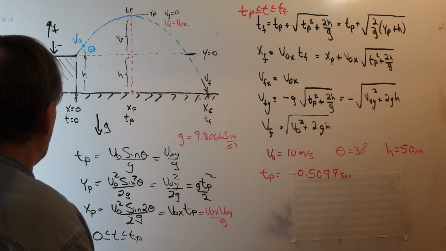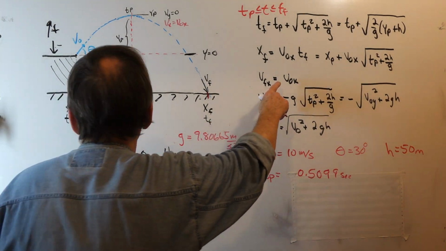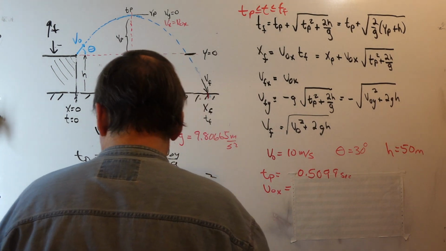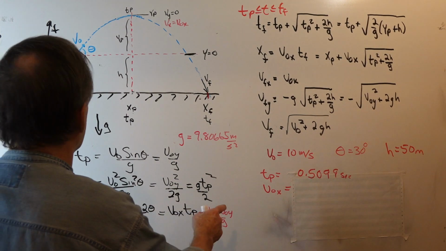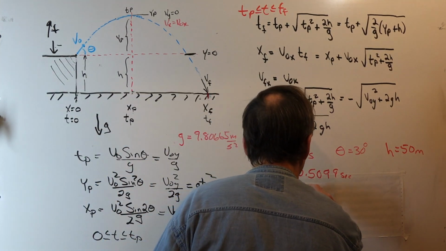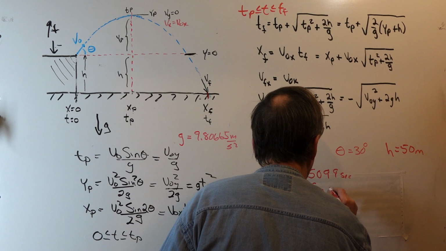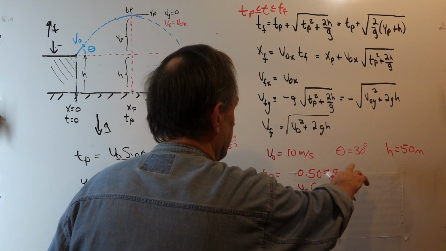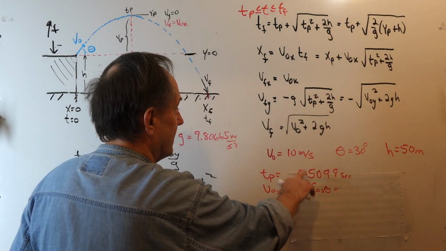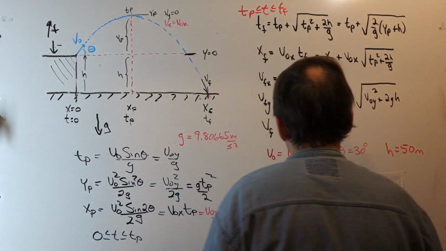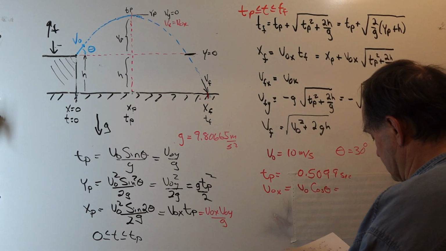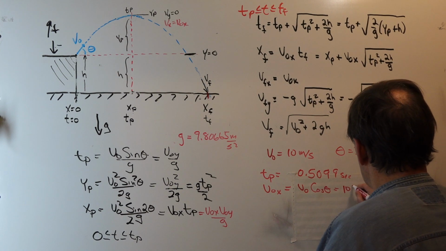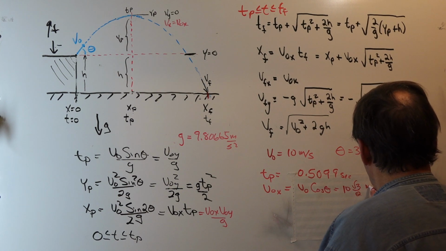All right, how about the v0x, the initial velocity in the x direction? Well, that's v0 times the cosine of theta, or in this case, cosine of 30 is square root of 3 over 2 times 10. Square root of 3 over 2 is about 0.866. So we could write it as 10 times the square root of 3 over 2 meters per second.